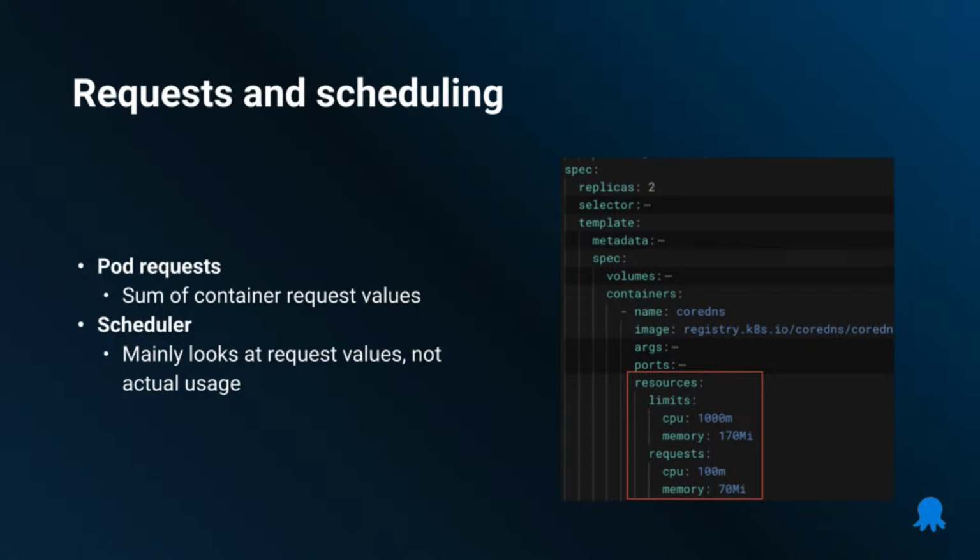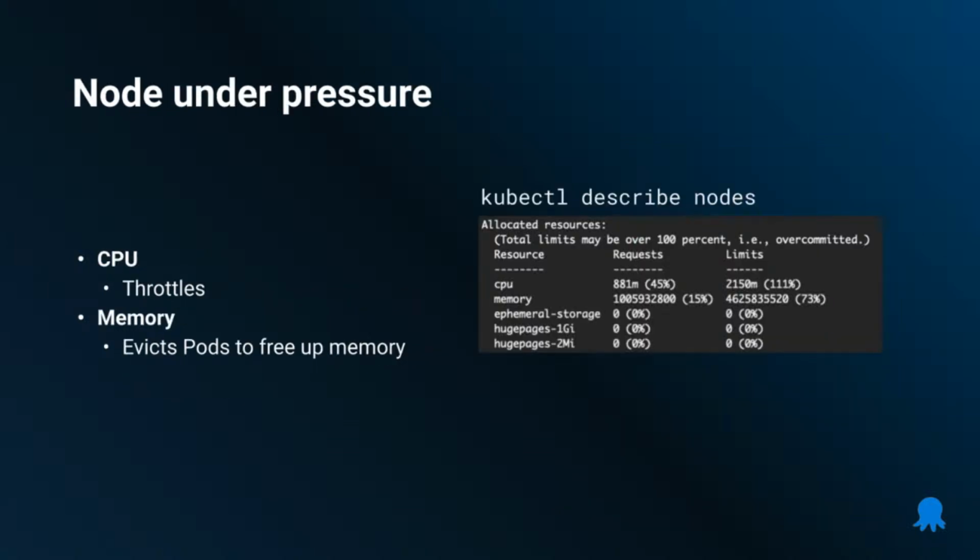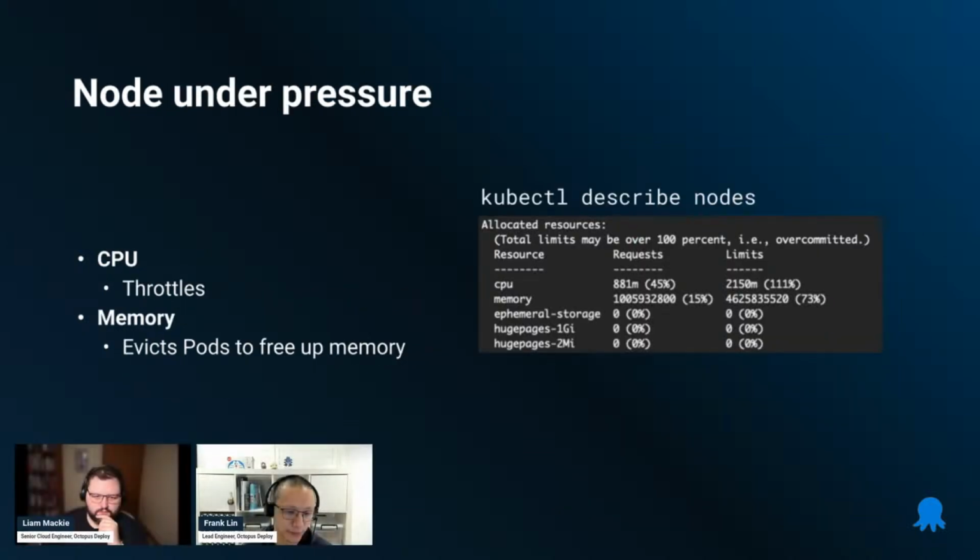Now let's see what happens if you go the other way. If you run kubectl describe nodes in your terminal, you'll get a similar output to the screenshot here, where you can see the total requests and limits for each resource type on a node.